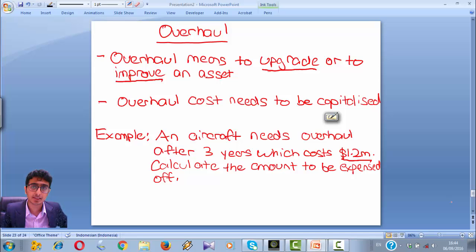Once we capitalize it, we will have to depreciate it, even though we will only be incurring this expense after 3 years.